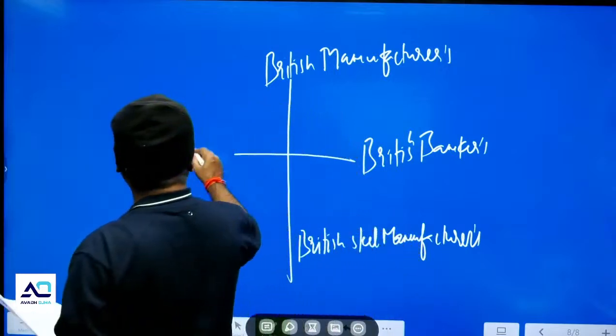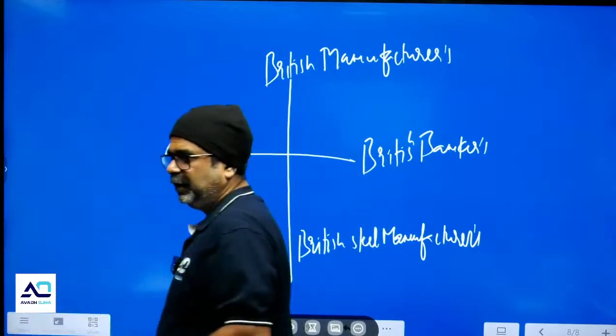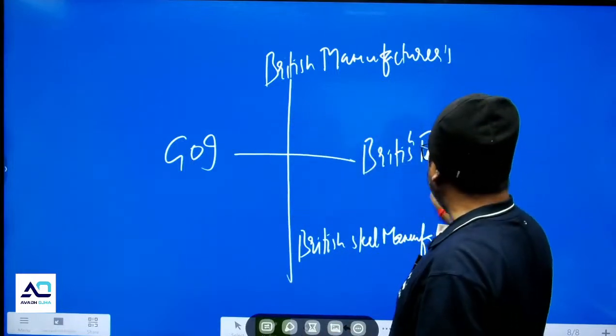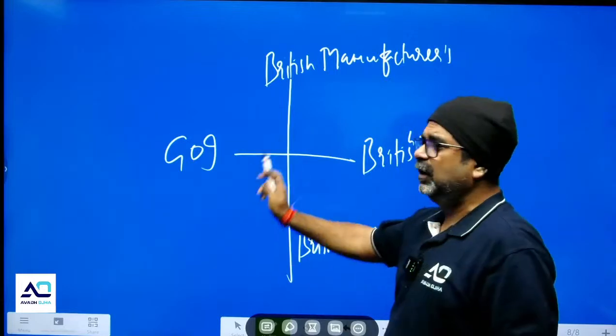The Government of India, fourth beneficiary. So how many beneficiaries? 4. British manufacturers, British bankers, British steel manufacturers and Government of India.